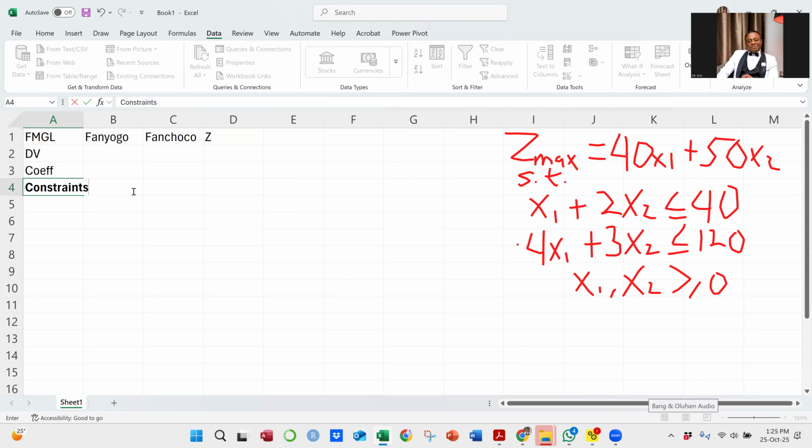Now move to column D that matches constraints, and write usage. On the right of that, write sign. On the right of that, write available. As you are writing everything, be watching my screen so you know what you're doing.